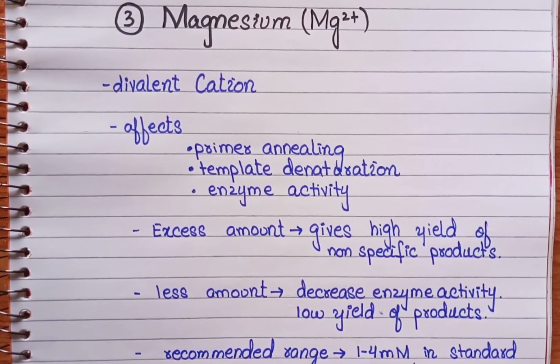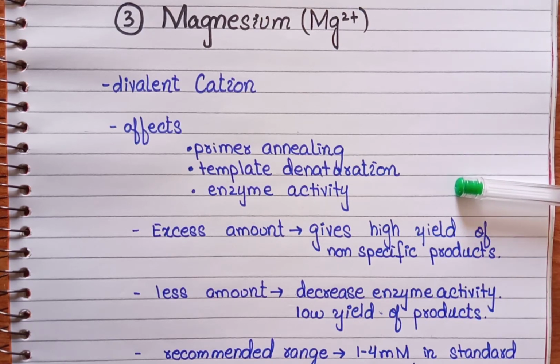Next we have magnesium, which is a cofactor or divalent cation. It affects primer annealing, template denaturation and also enzyme activity, because an increase or decrease in the concentration of magnesium can affect all of these.